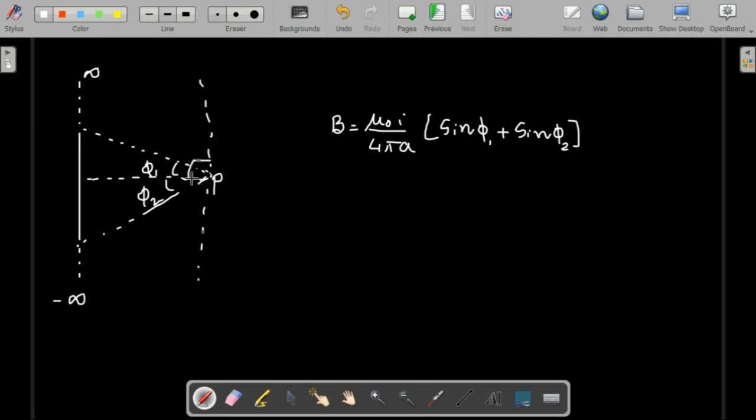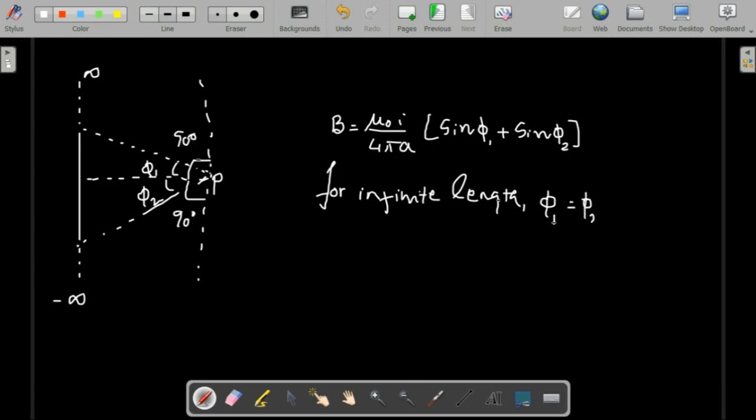That means the angle on this side will be 90 degree, and on this side will also be 90 degree. So for infinite length, phi 1 and phi 2 would be equal to 90 degree.